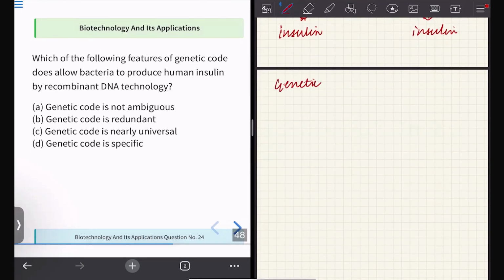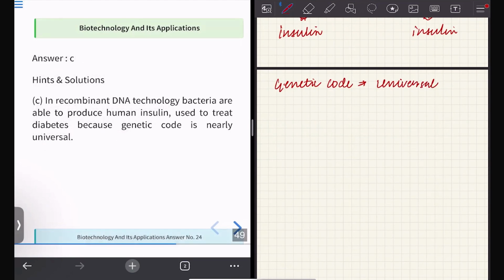This property of genetic code, that it is universal, means what? That everywhere, these particular codons, we have A, we have G, we have C. This is a codon. It is made up of three nucleotides. So in bacteria or in fungi or in humans, at all different places, if the codon is the same, the same amino acid would be synthesized.